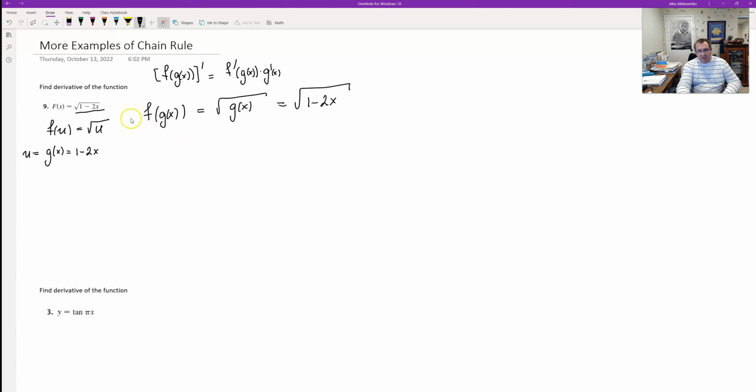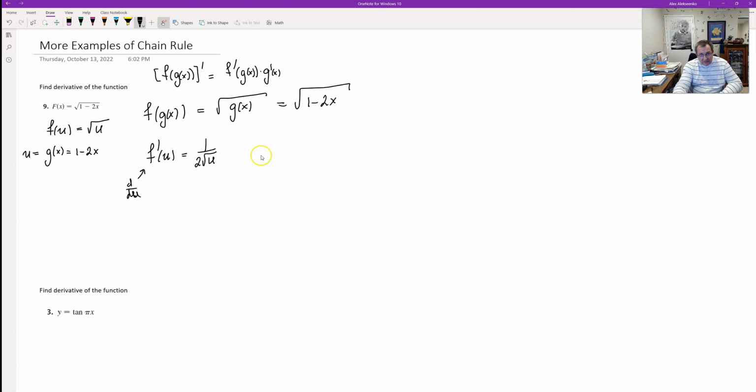So, long story short, it looks like we've got our composition correctly, so we can proceed with using the chain rule. For the chain rule, we will need the derivative of f and the derivative of g. The derivative of f is 1 over 2 root u. Notice that that derivative is with respect to variable u, the one that defines the function f.